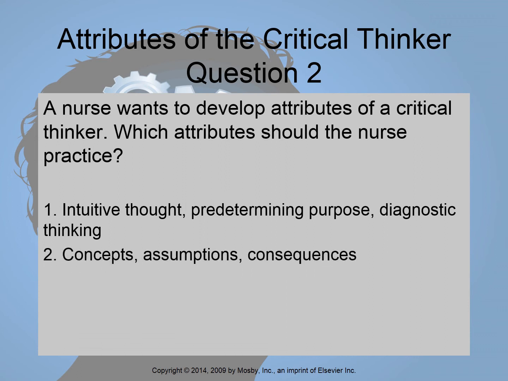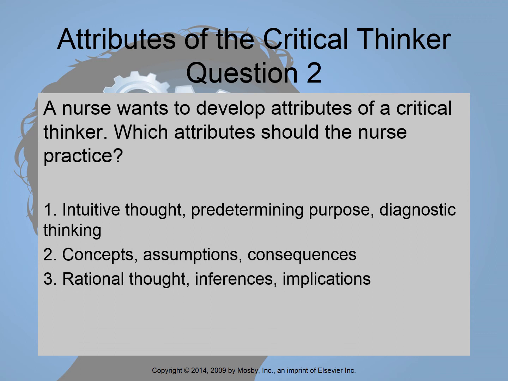Will it be concepts, assumptions, or consequences? Will it be rational thought, inferences, or implications? Or is it going to be reflection, creativity, and curiosity? Have you decided on an answer yet?